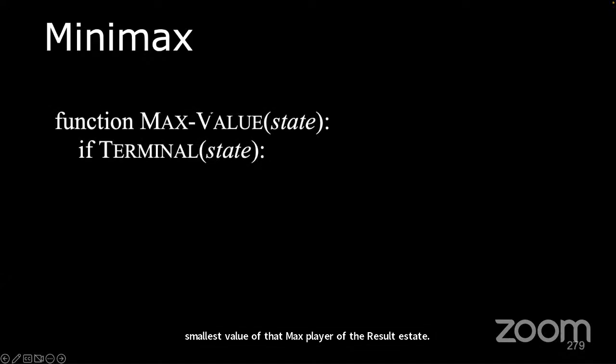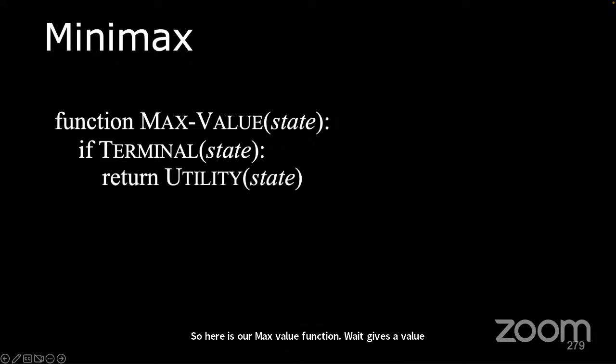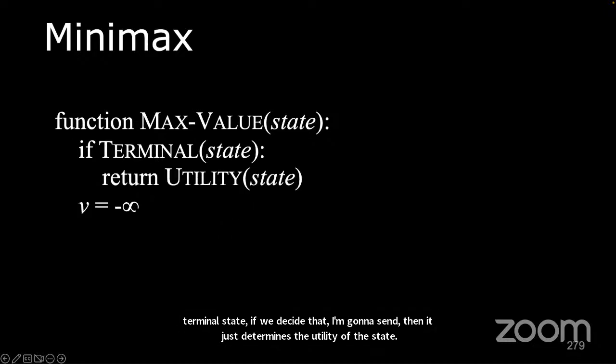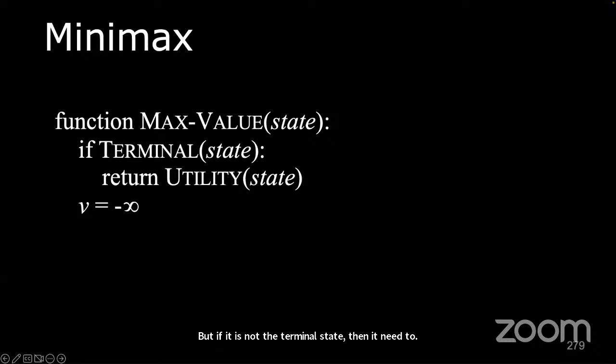So here is our max value function, which gives a value based on a particular state. At first, it checks whether the state is a terminal state. If it is the terminal state, then it just returns the utility of the state. But if it is not the terminal state, then it needs to simulate the gameplay of the min player and choose the maximum possible value among those simulations.